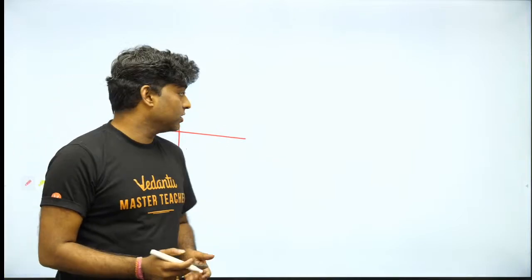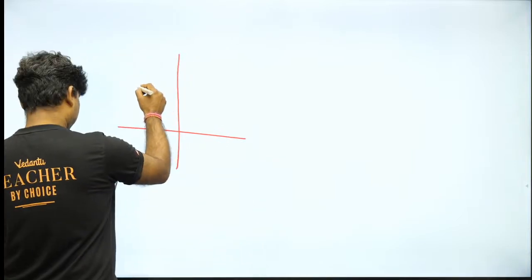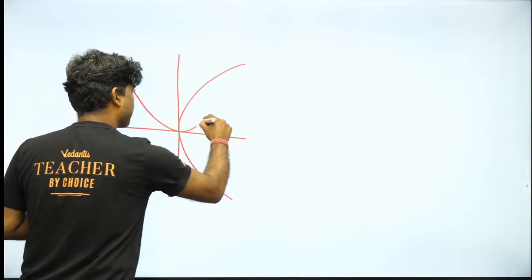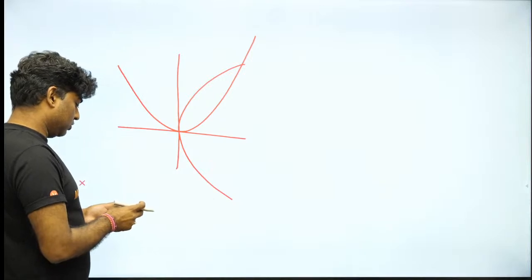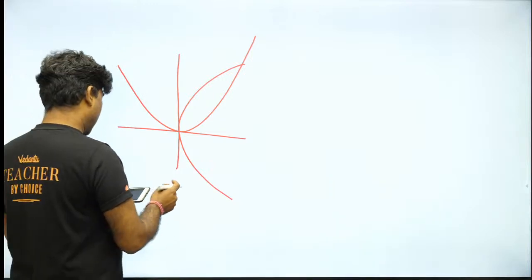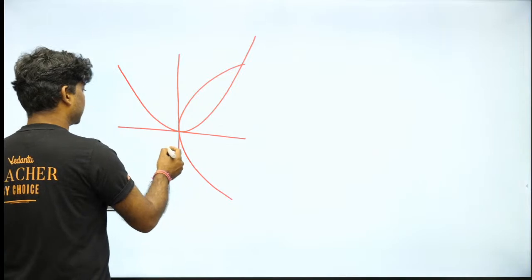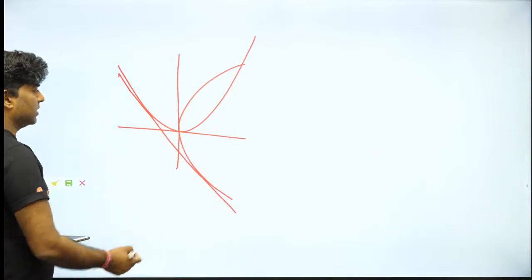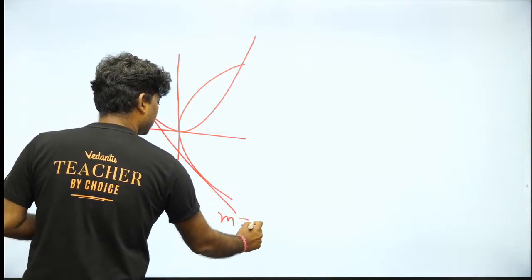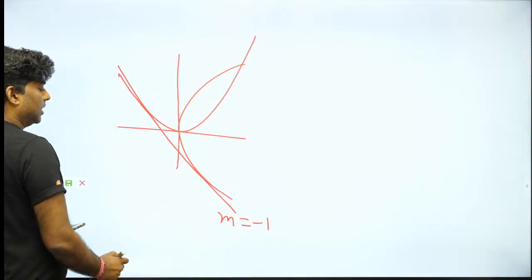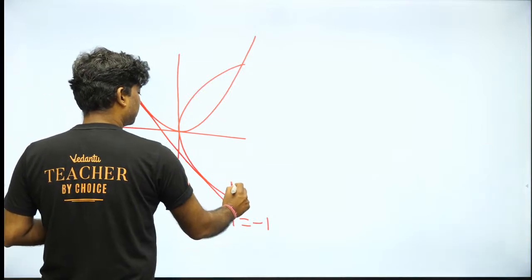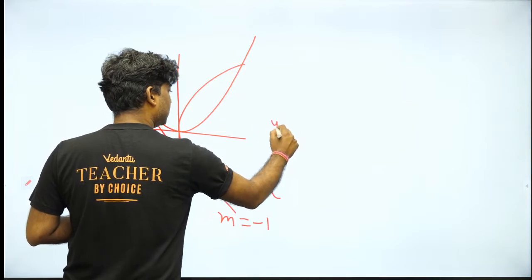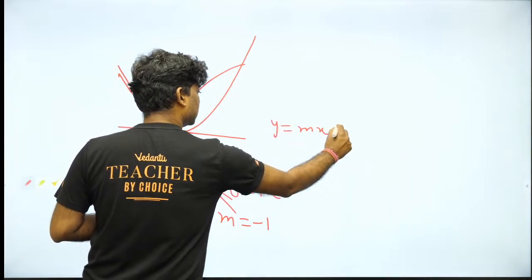See, another problem is again a simple one. Two parabolas are given, x square equal to 4y and y square equal to 4x. So these are very common parabolas which you see, and the common tangent, obviously, will be like this. Using symmetry, you can say that the slope of this tangent will be minus 1.